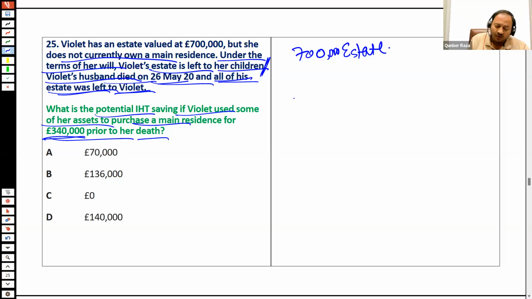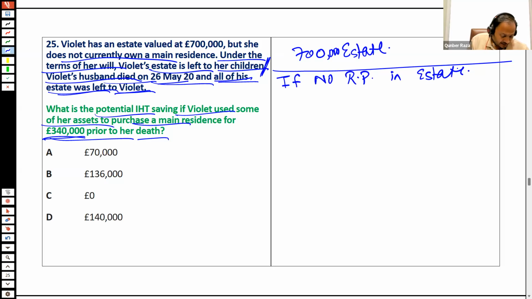But if residential property is added, then RNRB would also be available, right? So just to start with, if there is no residential property in the estate, then Violet's own RNRB of 175,000 would not be available.